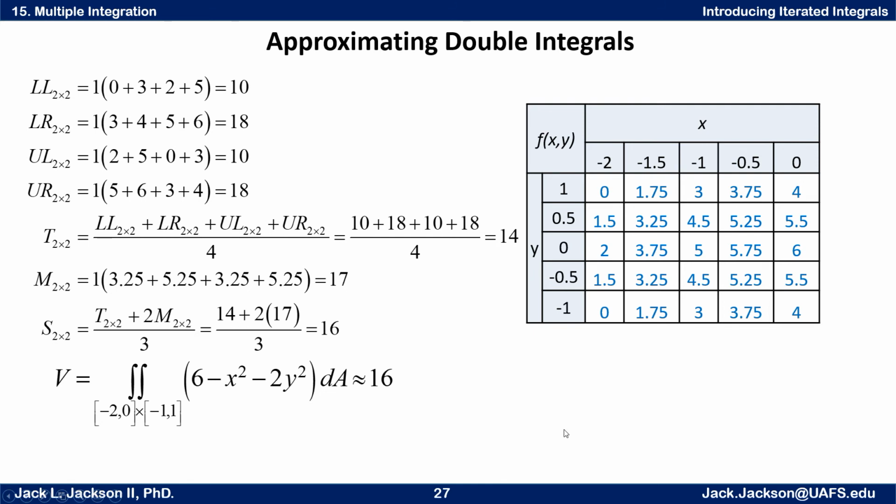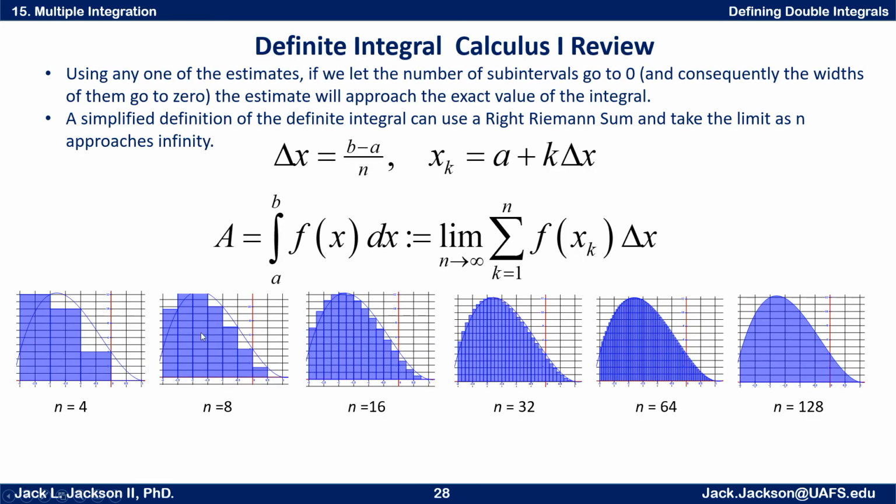So here's a summary of the table of our data and our estimates that we have so far. So that's what we have. Now taking any one of these, say if we just take the right Riemann sum, and we let n get bigger and bigger, n's 4 here, 8, 16, 32, 64, 128.